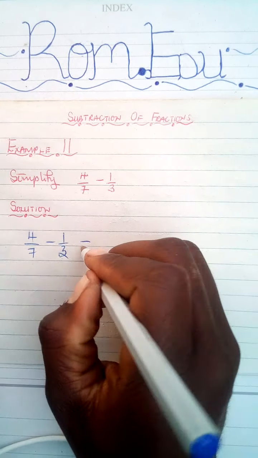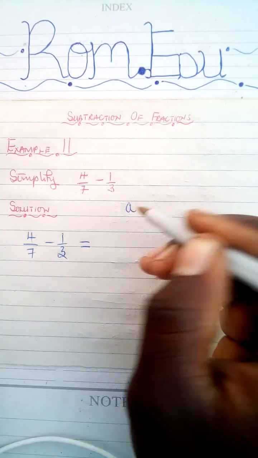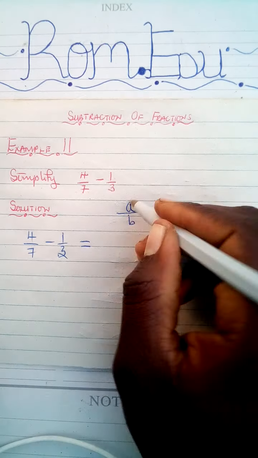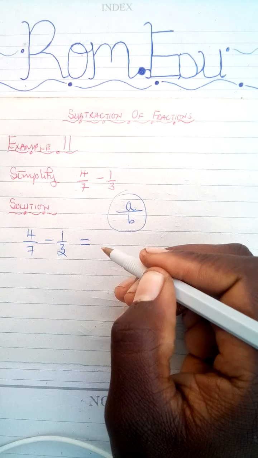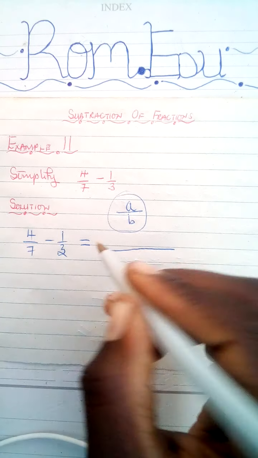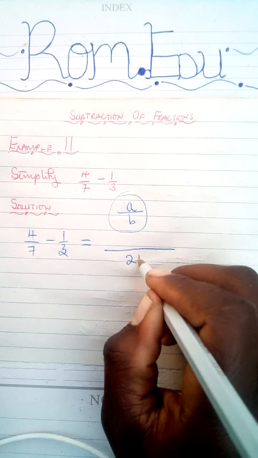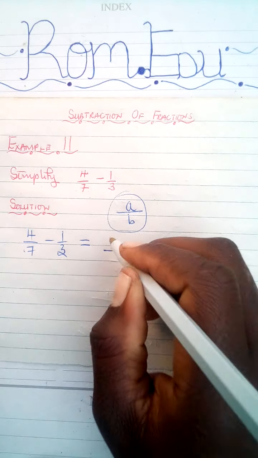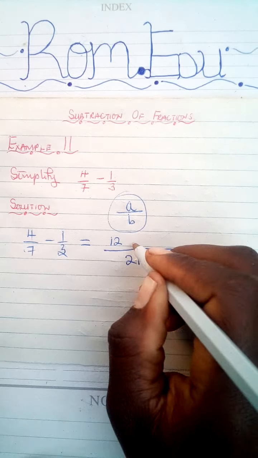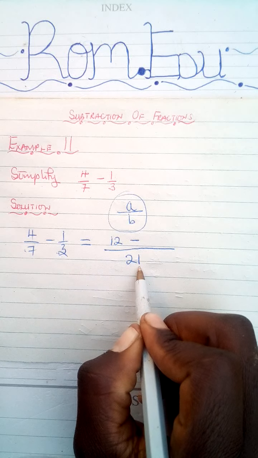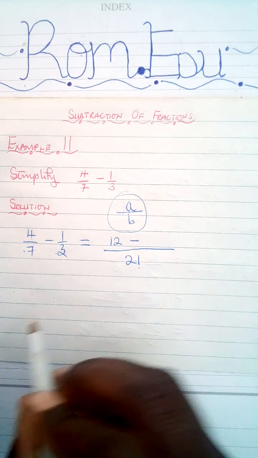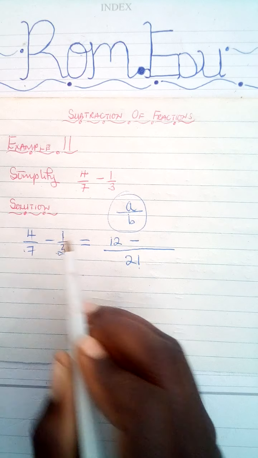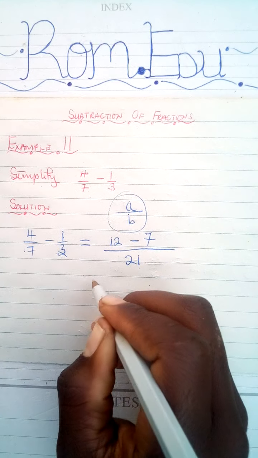First thing, I make sure that my fractions are in the form of a over b. They are. So what do I do next? I look for the common multiple. What is it? That's 21. 7 into 21, I get 3. 3 times 4, the numerator, that's 12 here, minus 3 into 21, the 7 times 1, that's a 7 there.